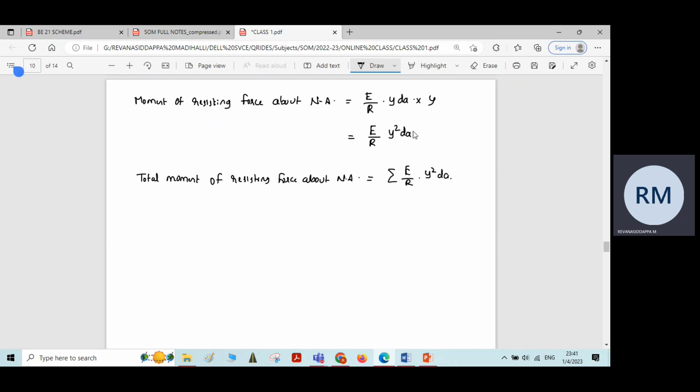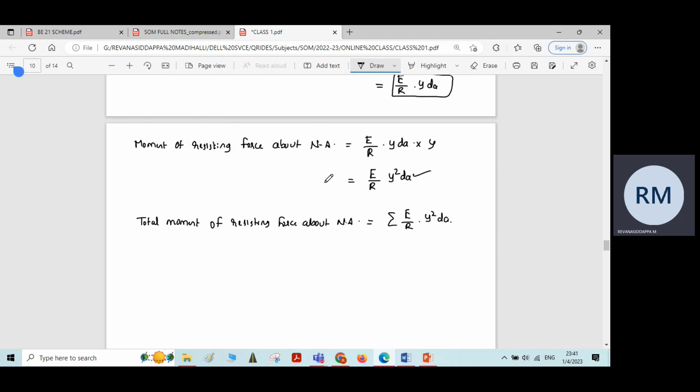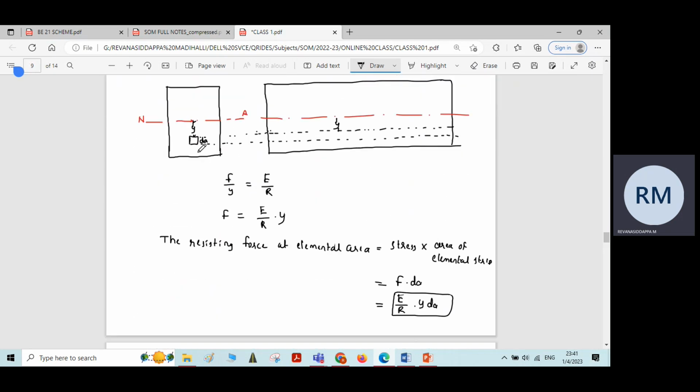So this equation gives the moment of resisting force which is acting at the elemental area dA about the neutral axis.